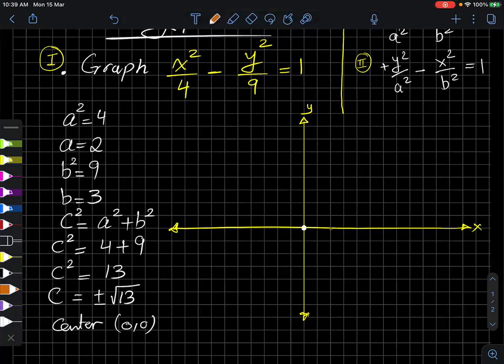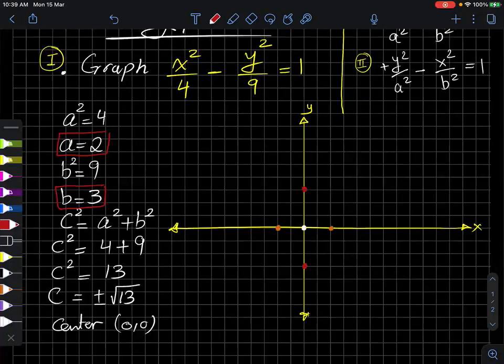Yes, 2. So we're going to move 2 units right and 2 units left. And then I'm going to move up 3 units, because b is 3. I will move 3 units up and 3 units down from the center.